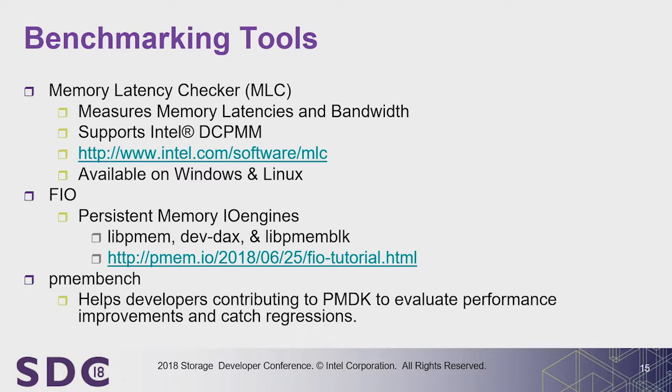You can change the loads on your system, and it generates how latency and bandwidth change with the change in load. We've added support for persistent memory in the sense that you can provide the mount point, or a memory mapped file, to MLC, and it runs the latency and bandwidth tests against that memory region and generates the numbers that way.